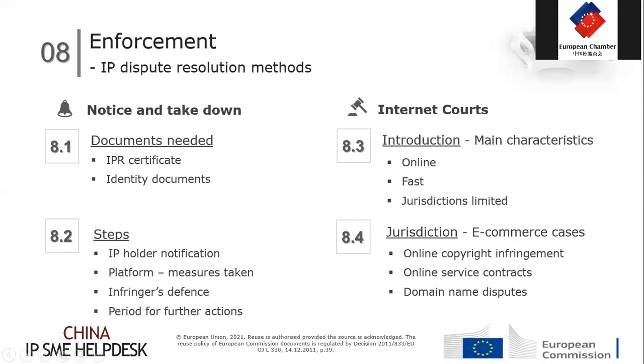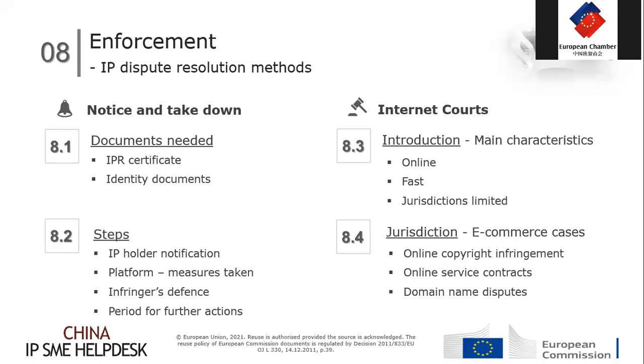Once that is done, which normally means that no one else can have access to this sale till the procedure is over, then they should notify the infringer or potential infringer, so they have time to provide their own defense, to defend themselves, to say why it's not an infringement. They also have a reasonable period of time for doing this.